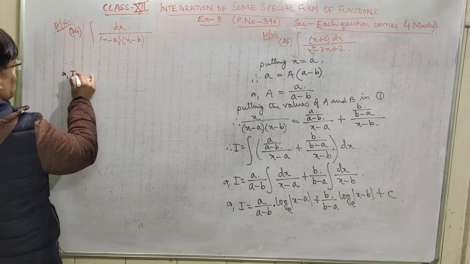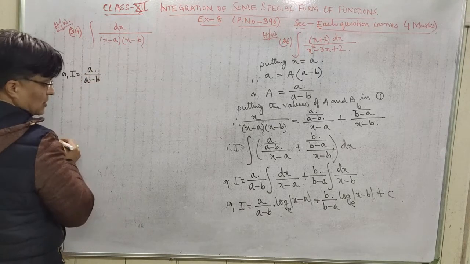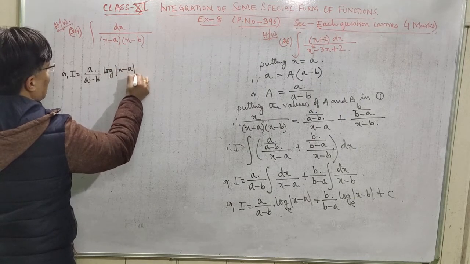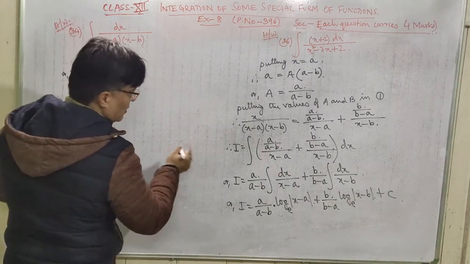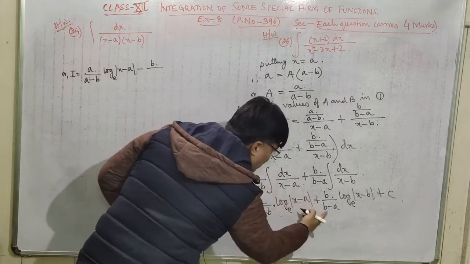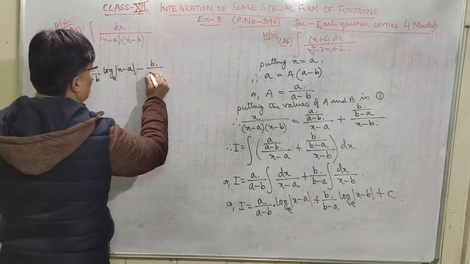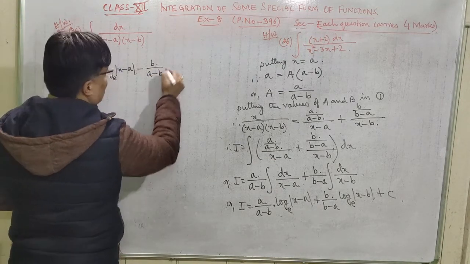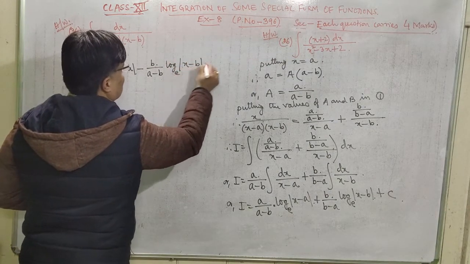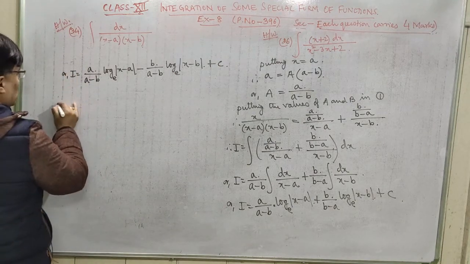I is equal to, first term remains as it is: a upon a minus b log of within mod x minus a, the base is e. Then here minus is taken common from the denominator b minus a, so it is a minus b, then log within mod x minus b, the base is e, then plus c. Is that clear?